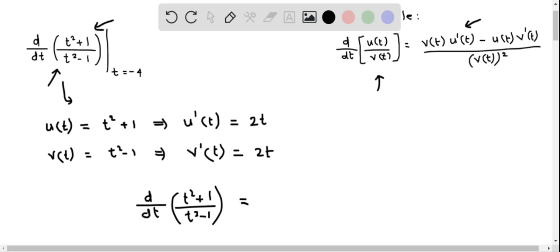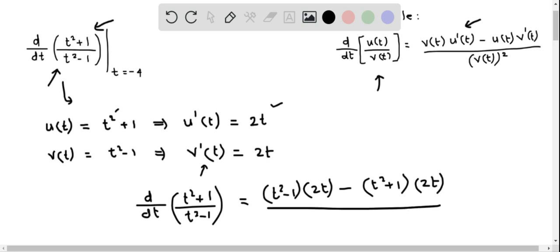So this equals v of t, which is t squared minus 1, times u prime of t, which is 2t, and then minus u of t, which is t squared plus 1, times v prime of t, which is the derivative of v of t, which is 2t here, and this all over v of t quantity squared. v of t is t squared minus 1, so this becomes (t squared minus 1) quantity squared.